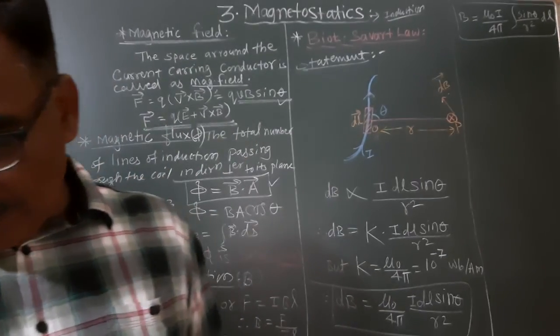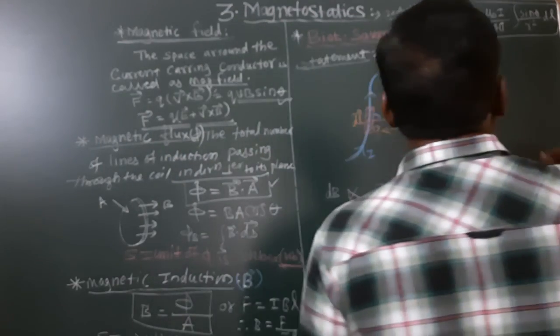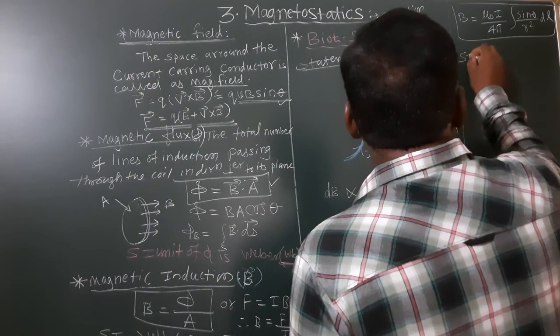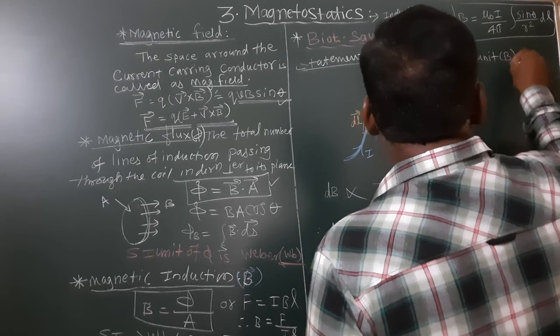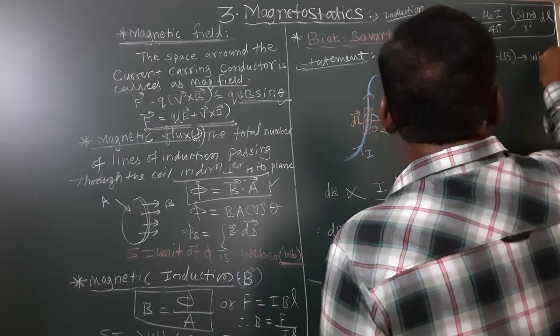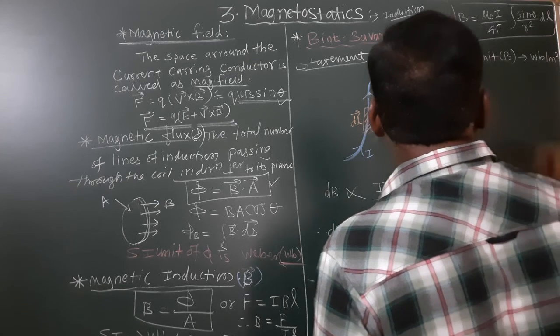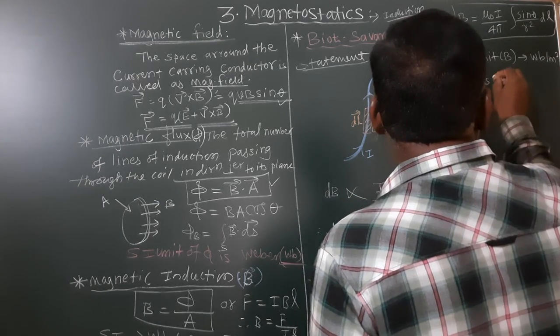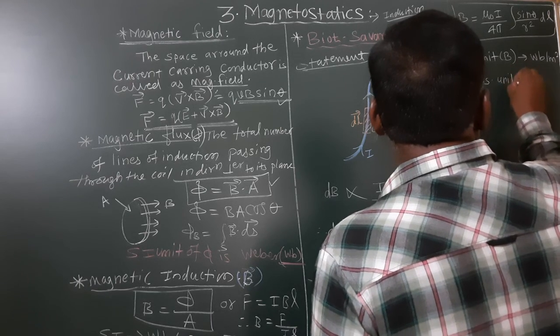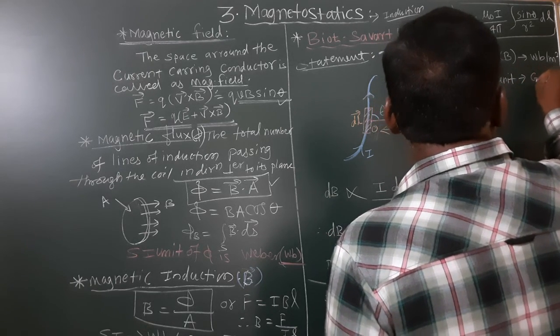SI unit of magnetic induction B is Weber per meter square or Tesla. CGS unit is Gauss.